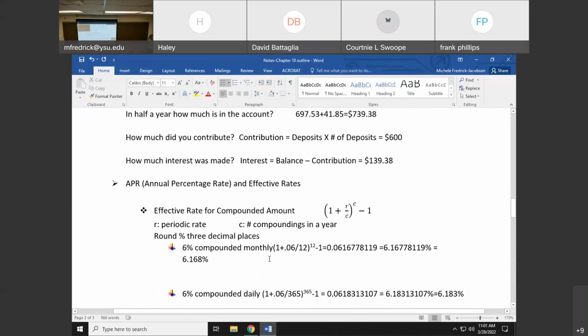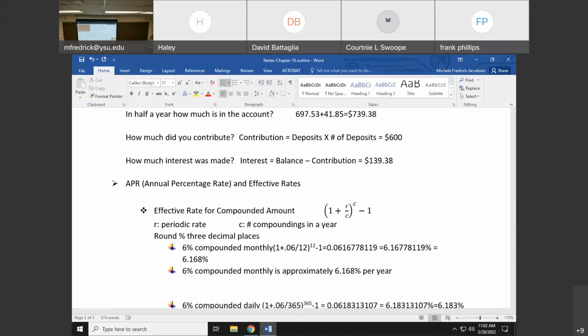I said that backwards. Let me write it out. So if you had to explain it, 6% compounded monthly is approximately 6.168% per year.